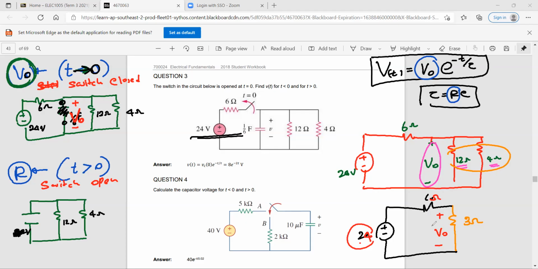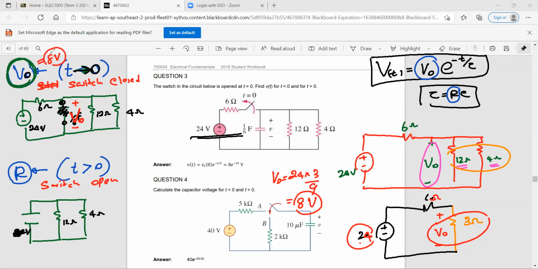How do we find the voltage across V naught? 3 over 9 times 24. That's right. So V naught is 24 times 3 over 9, which is a third of 24. So 8 volts. We found V naught is 8 volts.